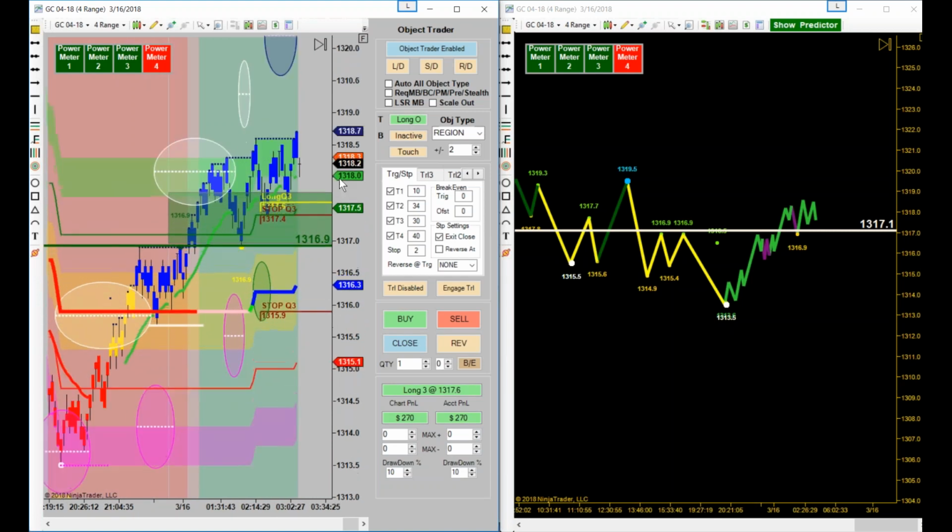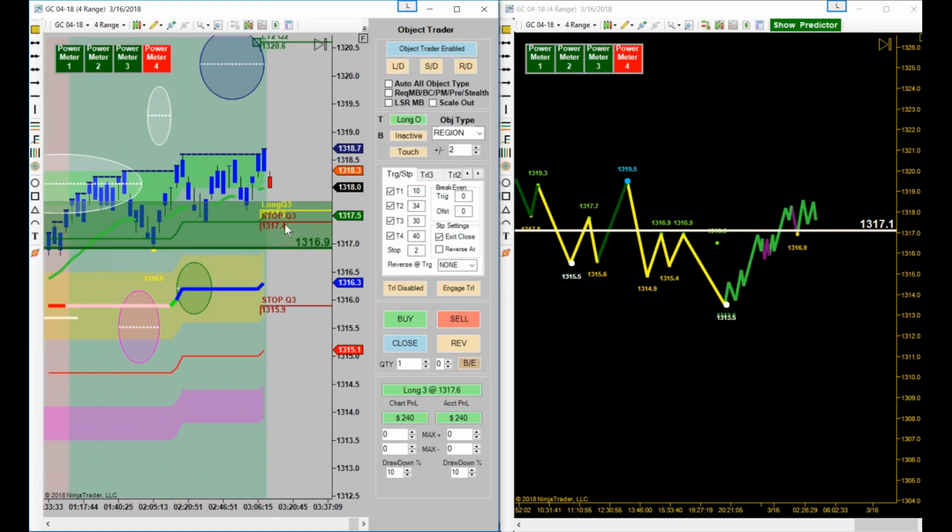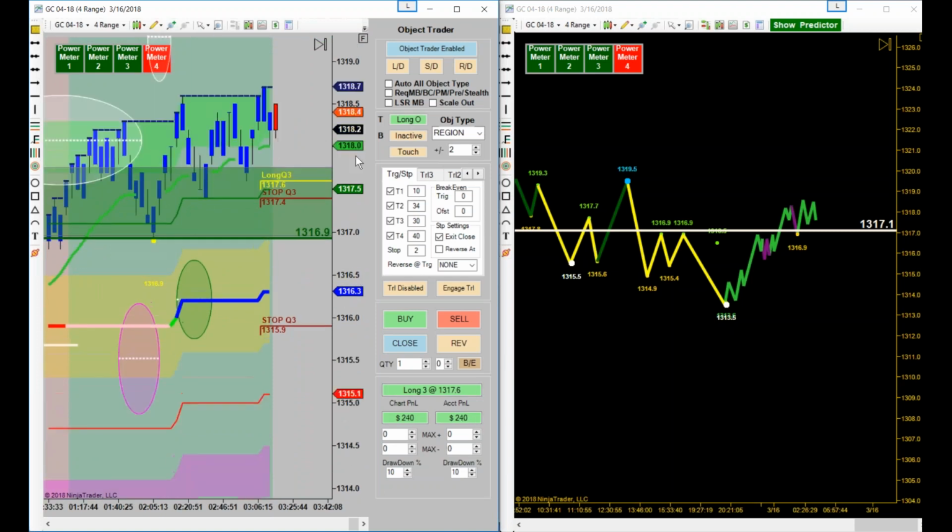Now, granted, I would lose some, but I've already taken some profit too. But if this does pull back into here, I will lose quite a bit of this. Okay? So I'd probably want to take one off maybe, unless it just keeps stair-stepping up. And watch your lightning here.